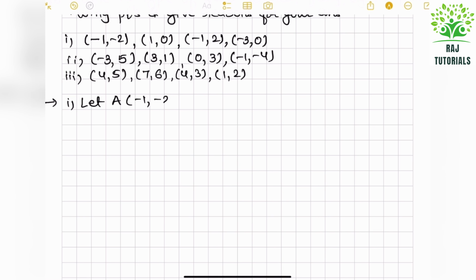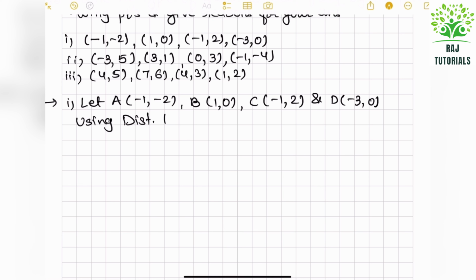So for that I can say let A (-1, -2), B (1, 0), C (-1, 2), and D (-3, 0). So let us find using the distance formula, that is root of (x2 minus x1) whole square plus (y2 minus y1) whole square.